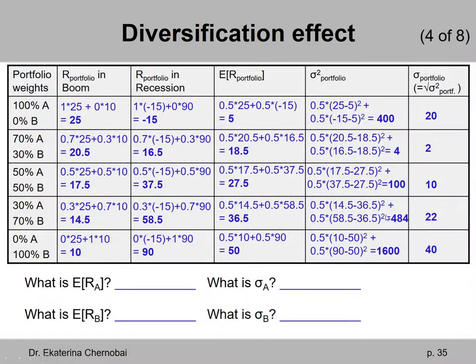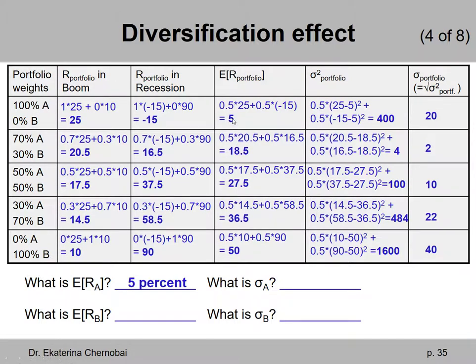Okay, let's answer a few questions. What is the expected return on just stock A? Well, just stock A is like a portfolio which includes 100% weight of A and 0% weight of B. So the expected return on A is the expected return on the portfolio with just stock A in it, 100% stock A in it.